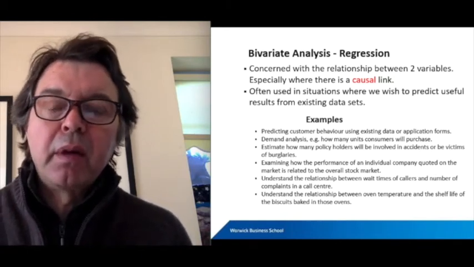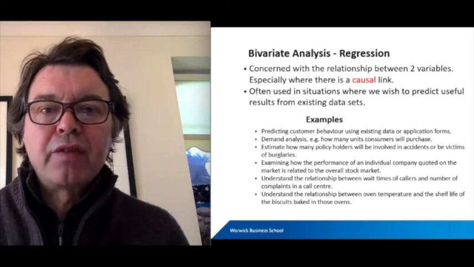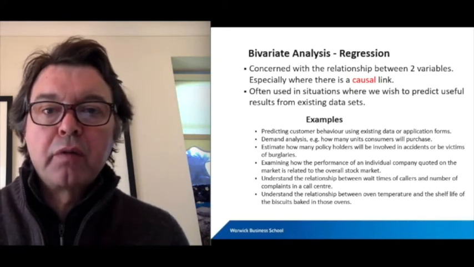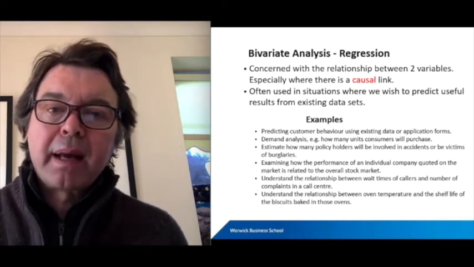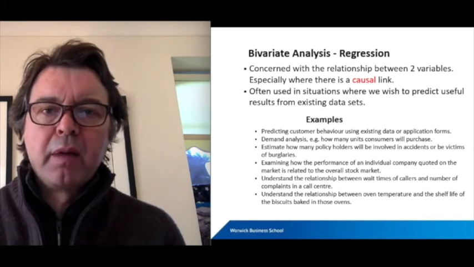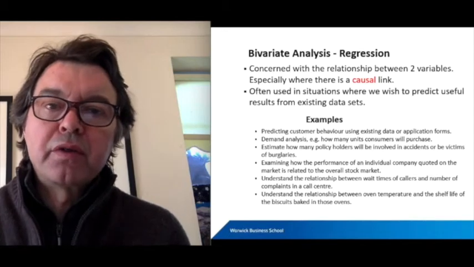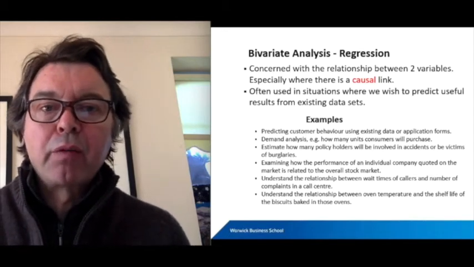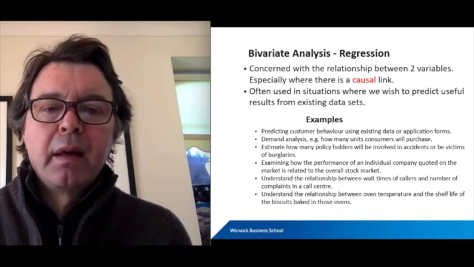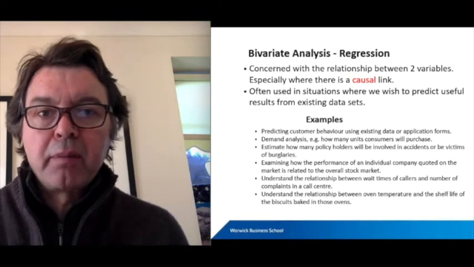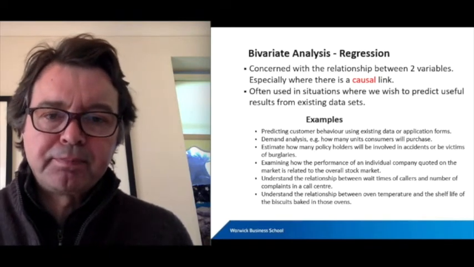So for example, you fill in an application form for a loan from the bank, and then the bank can look at your application form and make a prediction of the risk you pose to the bank, or how reliable you would be. And banks have got very, very good at making those sorts of predictions.